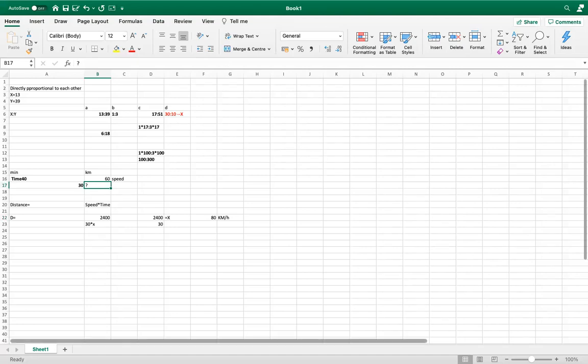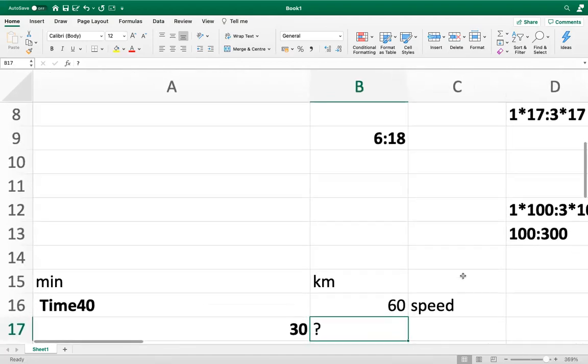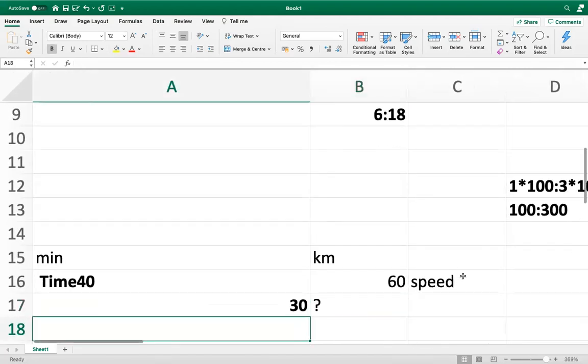Wait a minute, I will just zoom it. Okay, is it visible now? Any doubts?